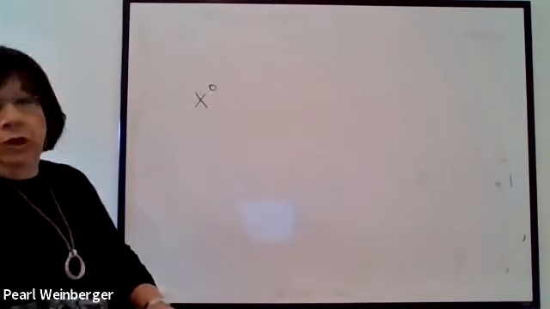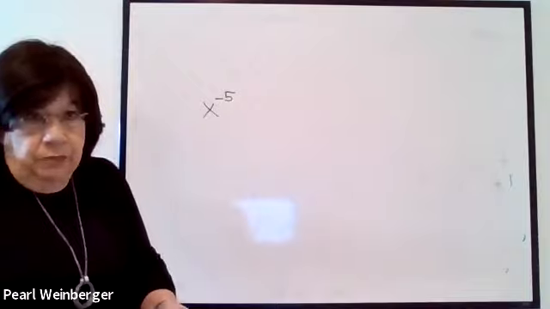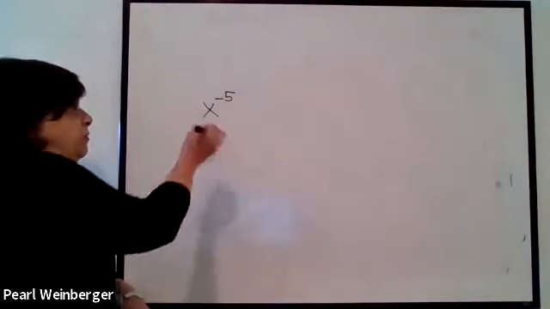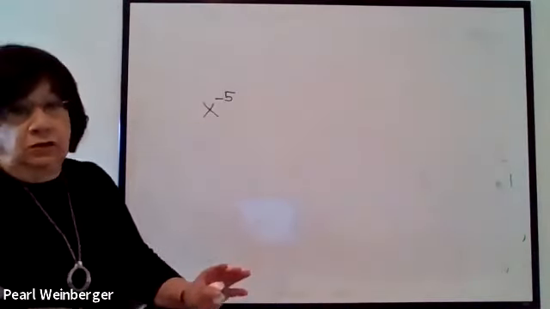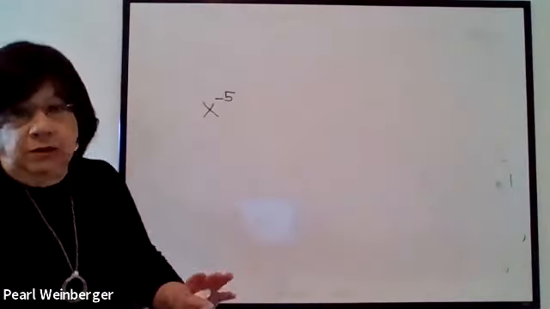What happens if you have something with a negative exponent? Let's say you have x to the negative 5. What does that mean? Well, really what it means is you have to take its reciprocal. I'm going to show you the easiest way to deal with this. When I say the easiest way, it sometimes takes a little bit more time, but it's a method that always will get you the right answer.